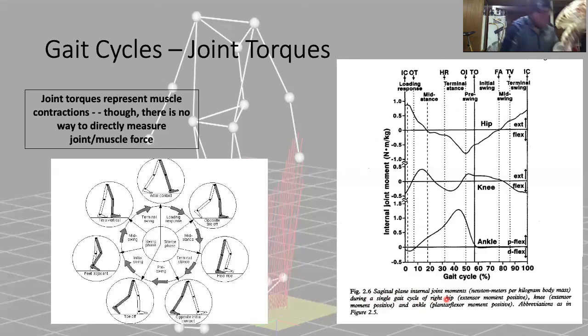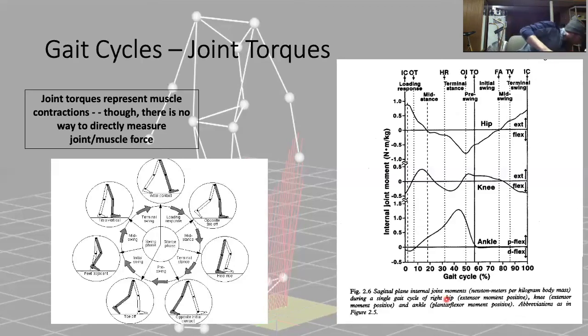So if we're talking about an extension moment, there's hip flexion and hip extension, right? Try and keep it in the socket. If we're talking about an extension moment, what we're talking about is gluteus maximus activation. An extension moment or extension torque would be the glute max pulling the hip into extension, okay?